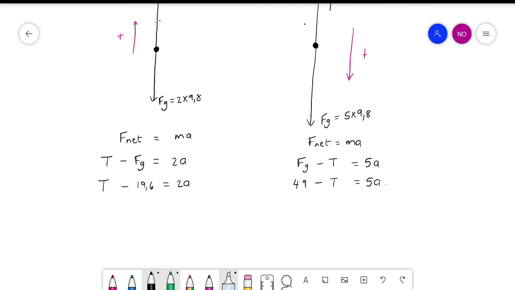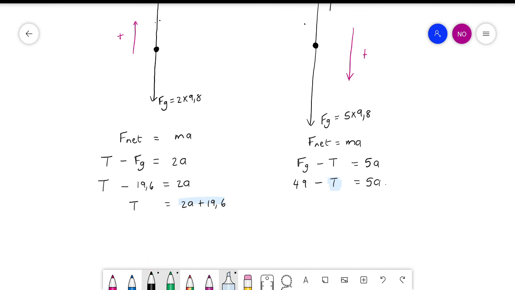Okay, wat doen ons volgende? Mooi, gelyktydige oplossing, né? Because I have two equations with two variables. So I'm going to solve simultaneously. So you can do this whichever way you want. Wat gaan ons doen? Ons gaan maak sommer T is gelyk aan 2a plus 19,6. And this, I'm going to go substitute in there now.